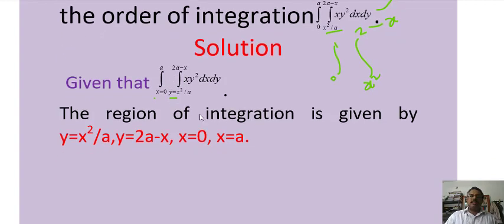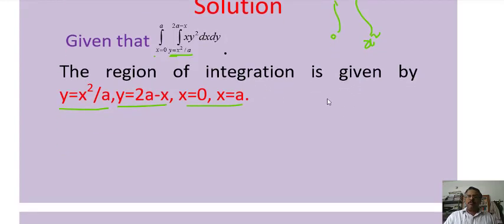Now the region of integration is bounded by y equals to x squared by a, y equals to 2a minus x, and x equals to 0 and x equals to 1. Same procedure, same methodology. y equals to x squared by a is also a parabola, and y equals to 2a minus x is also a straight line. Now x plus y equals to 2a, same as before.